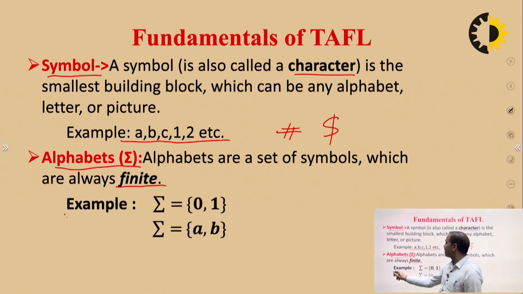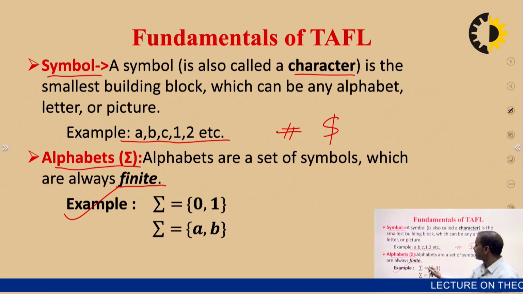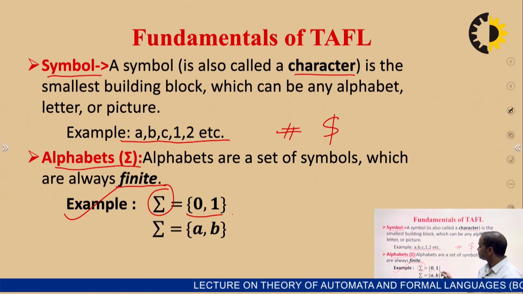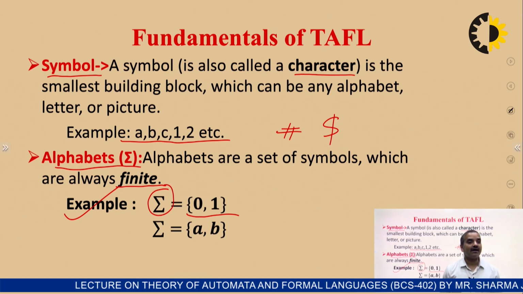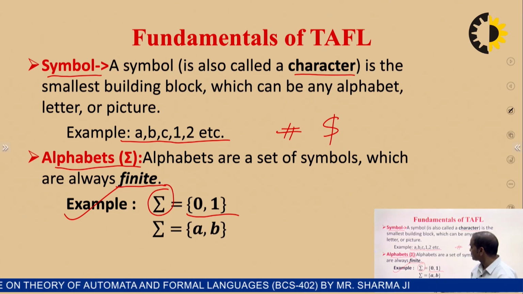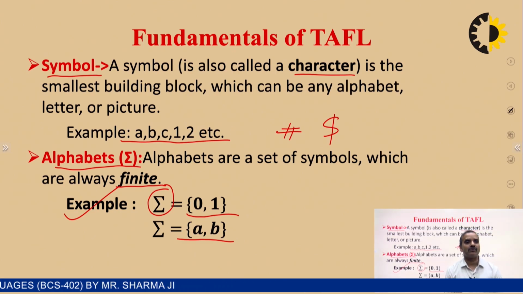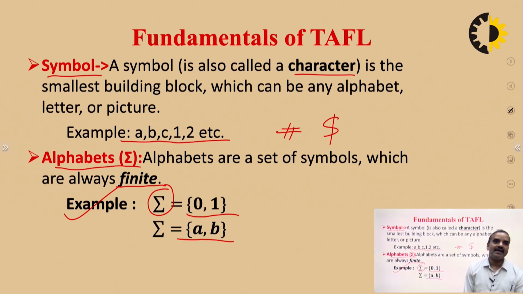Here are some examples of input symbols. We have taken sigma as an input set, and we take 0, 1 as the input alphabet. The next one is A, B. We can take any type of input, which may be 0, 1, or A, B, or X, Y, or Z, whatever alphabets you use as input.